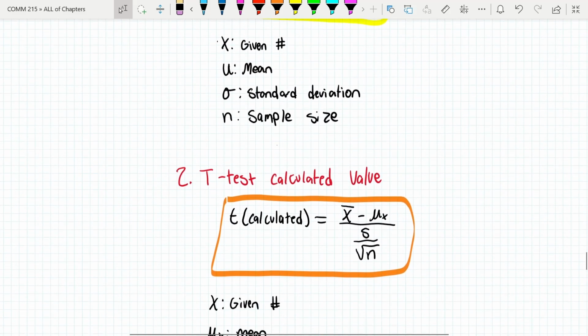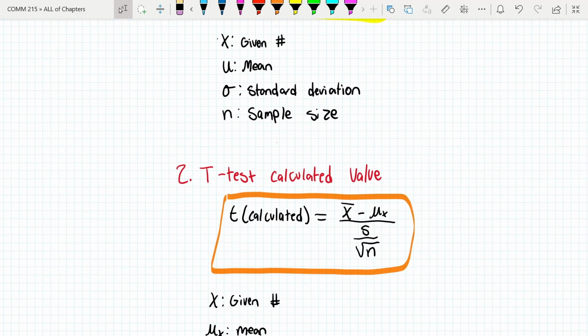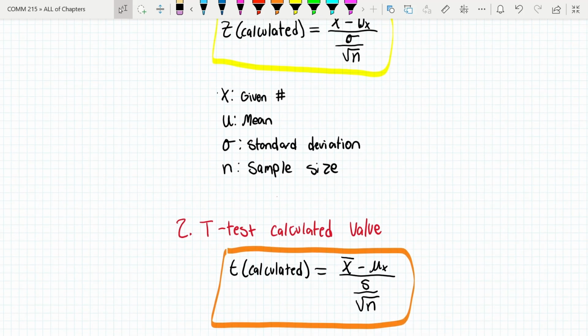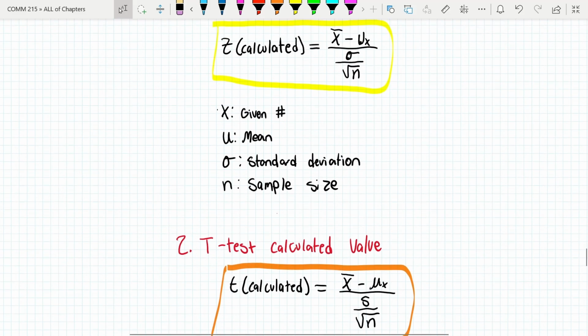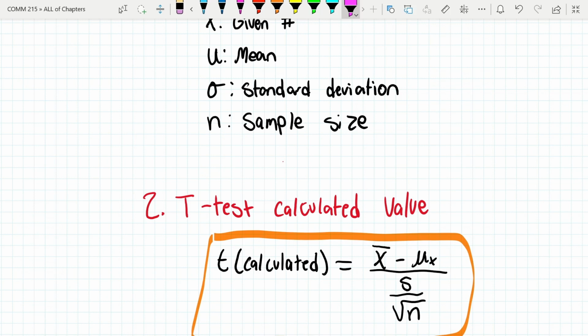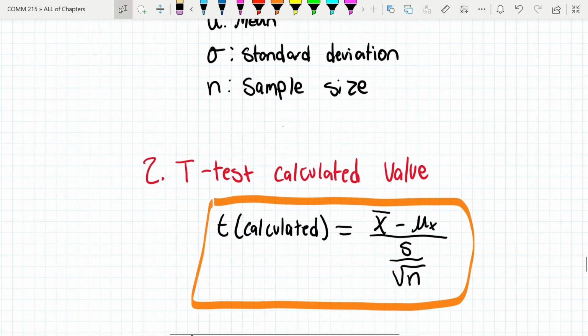Now the t-test calculated value. What's highlighted in orange is your formula. t calculated is equal to x bar minus μ divided by s divided by the square root of n. If you're wondering what's the difference between this and the z-test for a calculated value, it's because we have our s here. What's in orange right now is your s, the sample standard deviation.